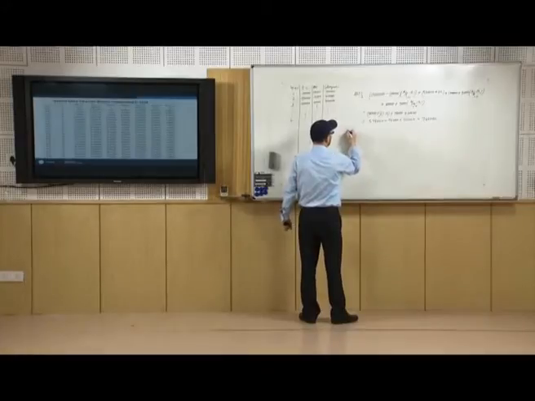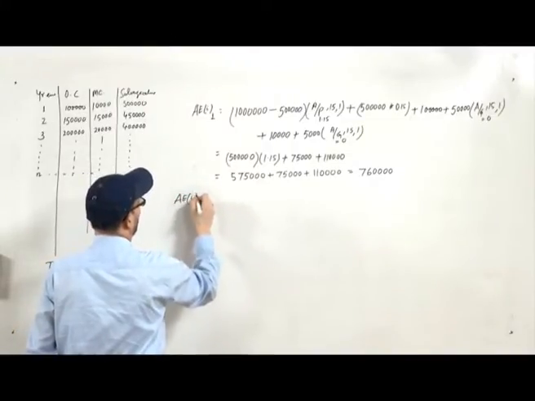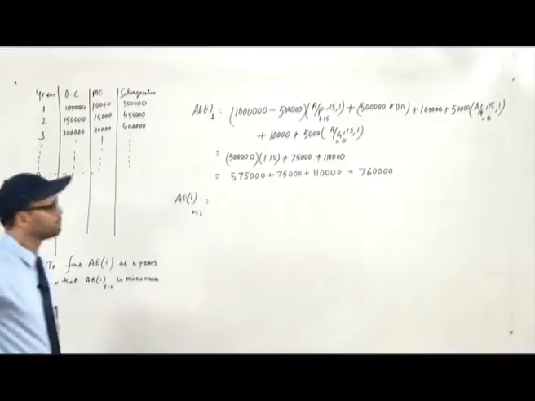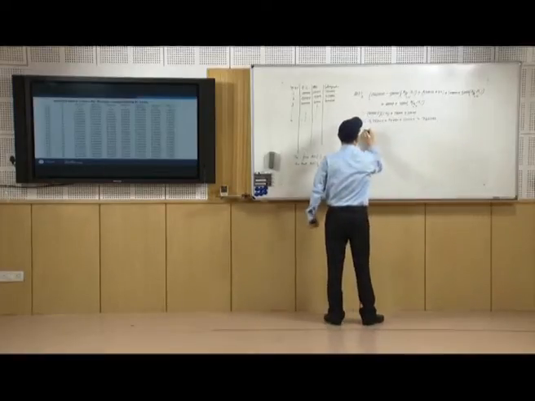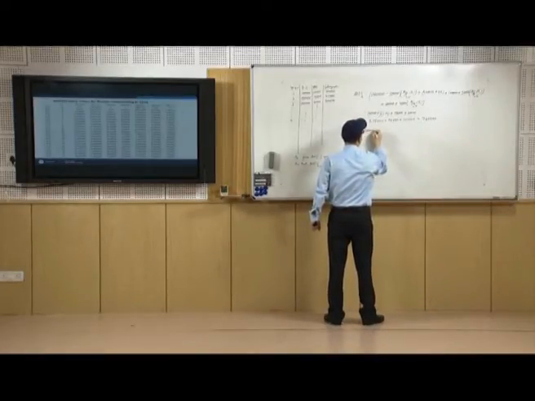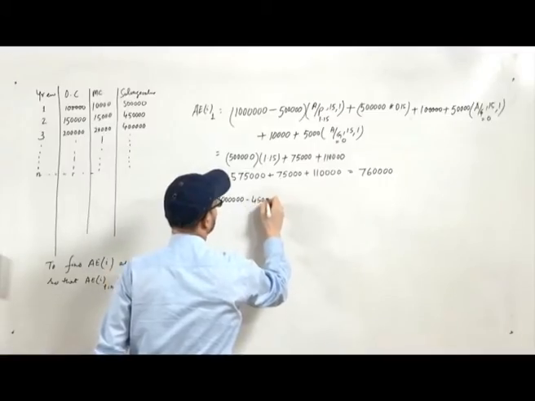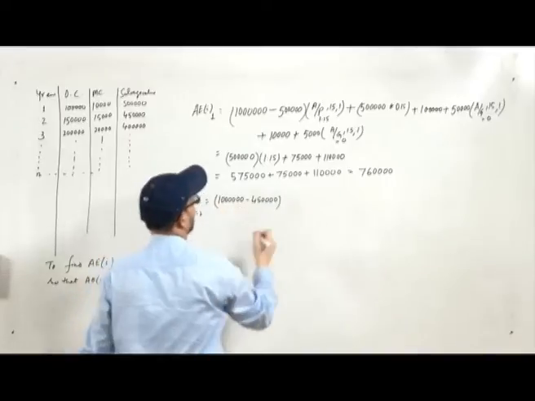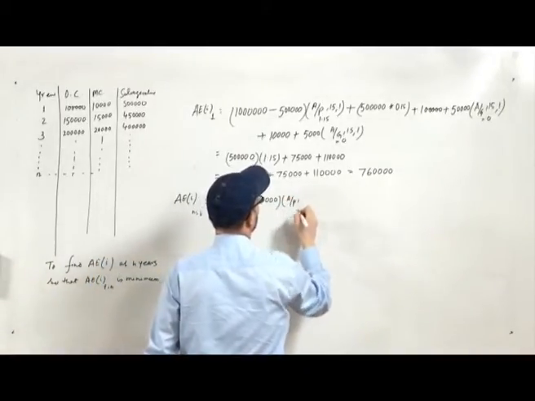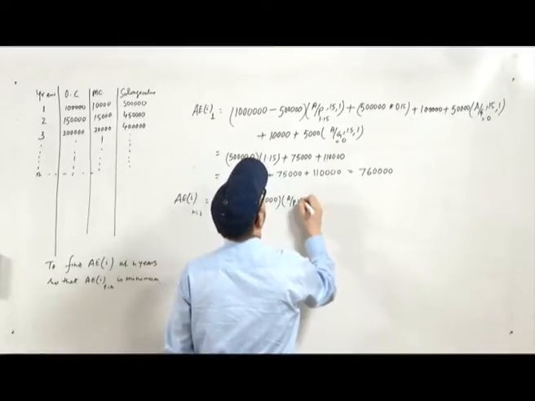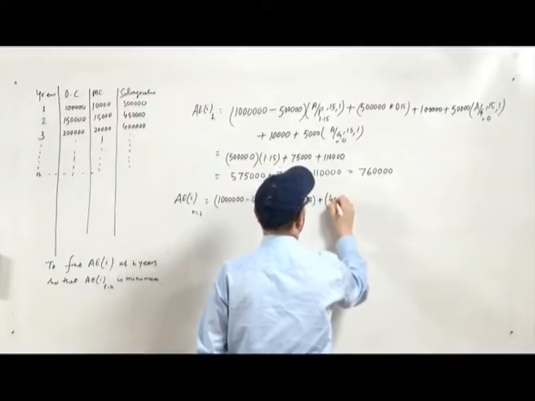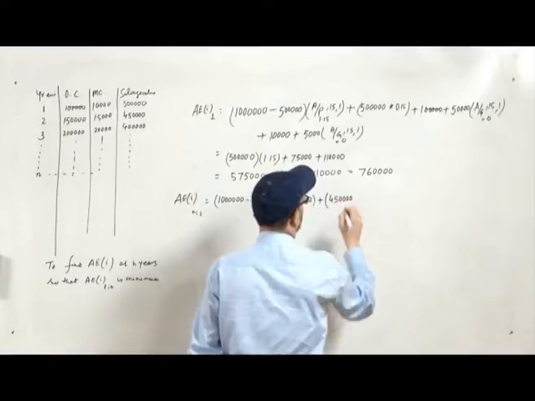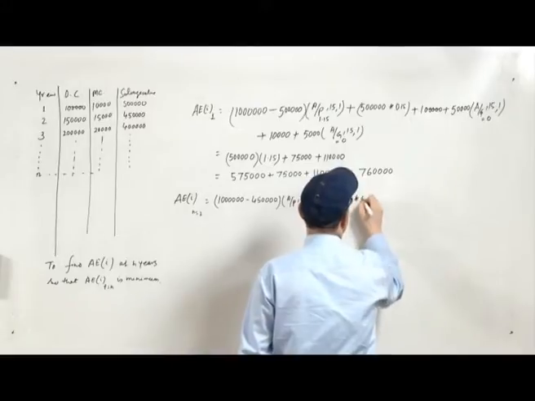So, annual equivalent for n equal to 2 will be 10 lakh minus 4,50,000 multiplied by, since the machine is going to be used for 2 years, the factor A by P 15,2, plus salvage value 4,50,000 multiplied by the interest rate, that is 0.15.